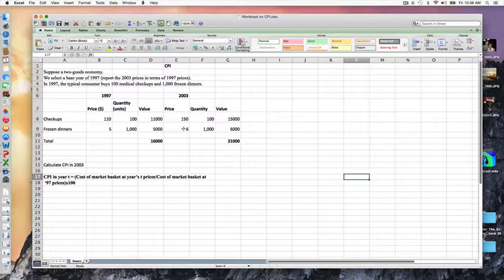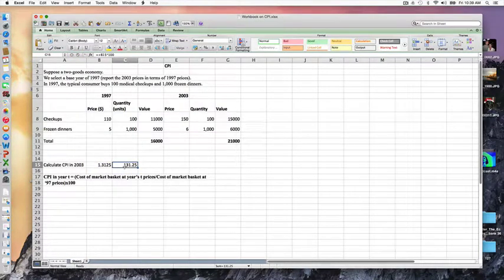Now to be able to calculate the average price changes from 1997 to 2003, we have to calculate CPI. And CPI is cost of market basket in year 2003, so it's going to be this number divided by cost of market basket in 1997, which is this number. And then I multiply this number by 100.